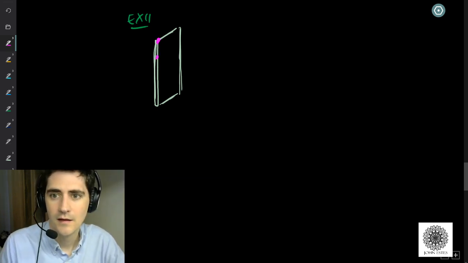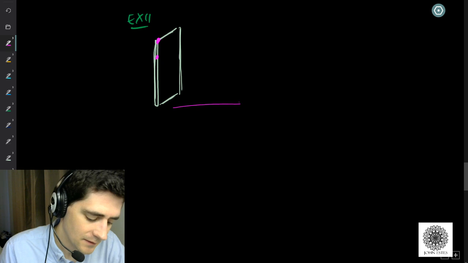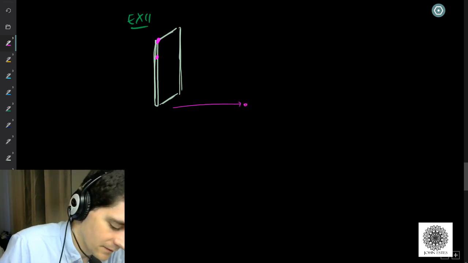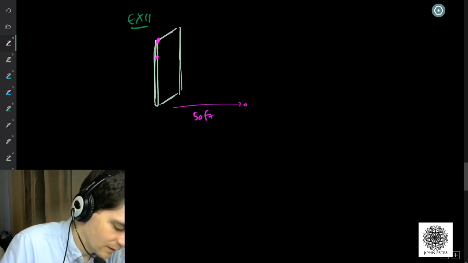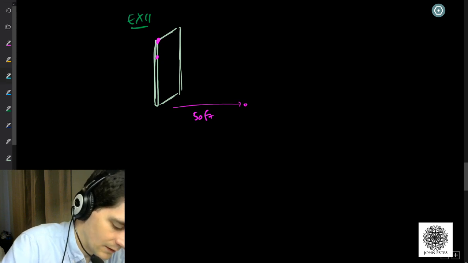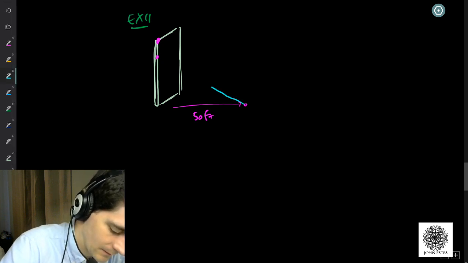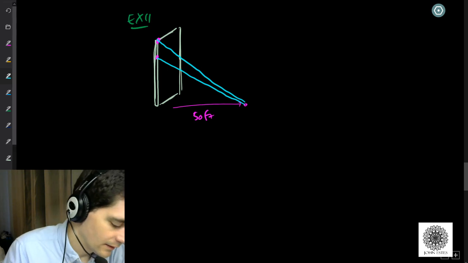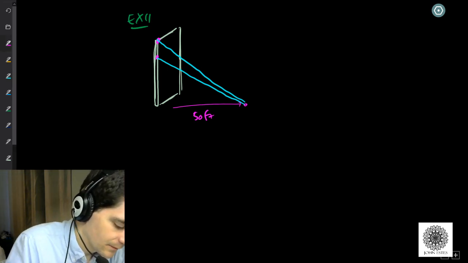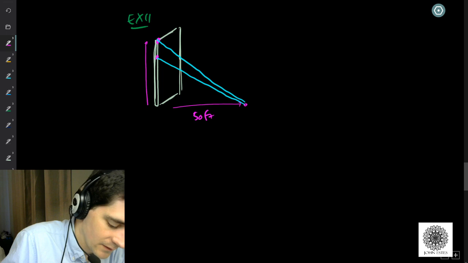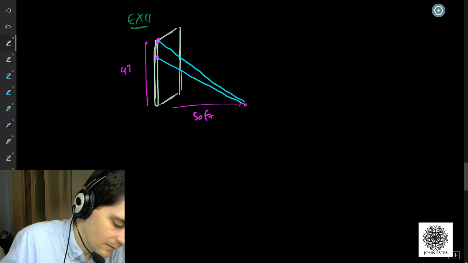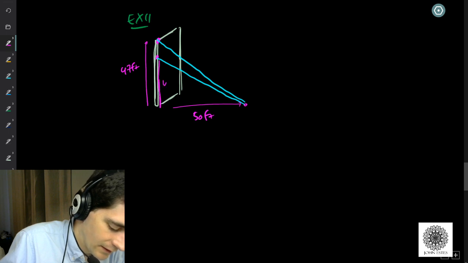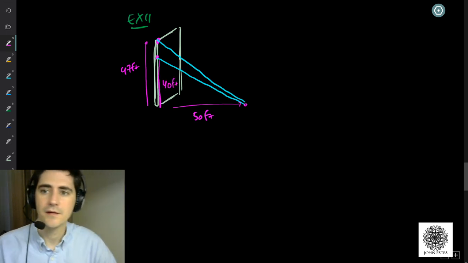If you come out 50 feet, that's where they are fixed. So that's a 50 feet span, and you have one wire coming like this and the other coming out like this. The first one is at the top of this wall, which is 47 feet. And then the second one is attached at 40 feet high.